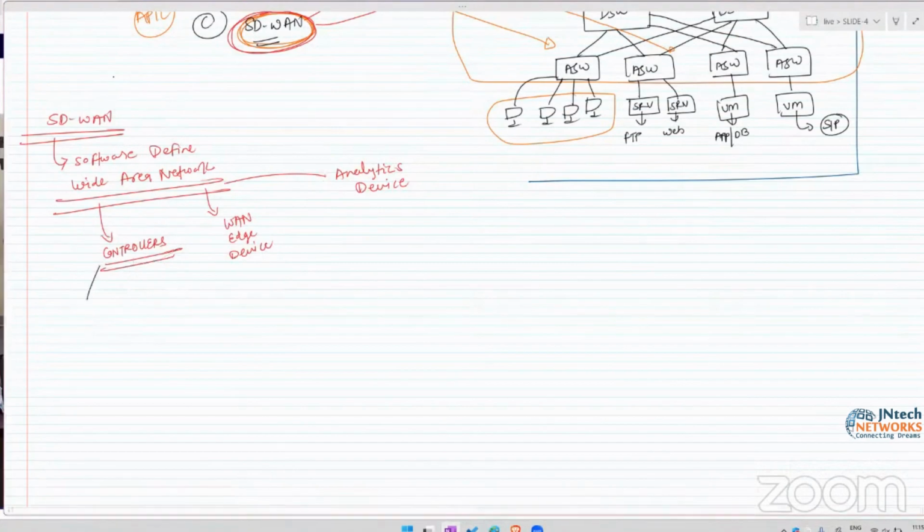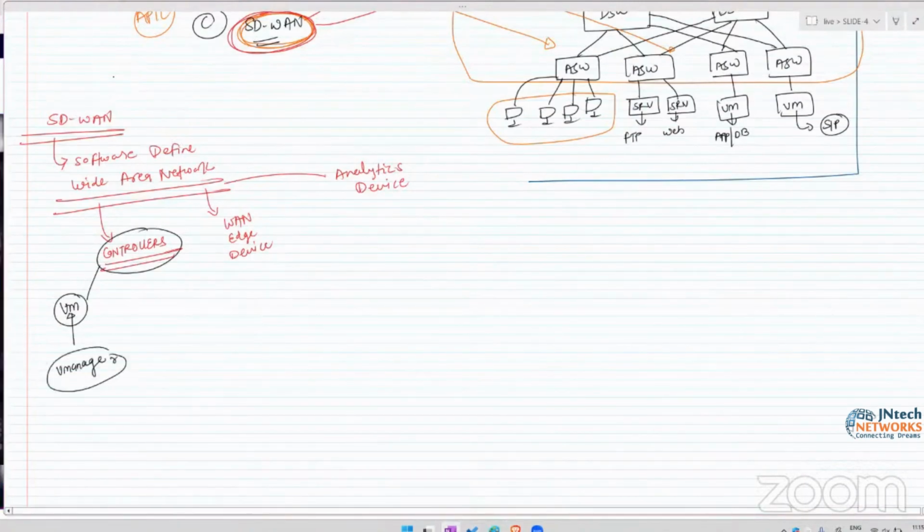For example, first controller we are using is vManage. It's a short form of vManage. This one is only for management plane purposes. This controller will handle the management plane.